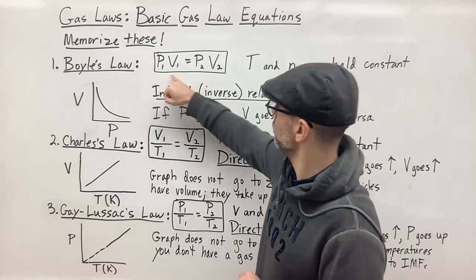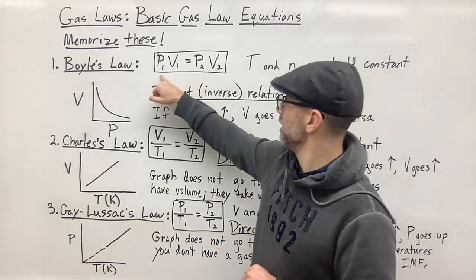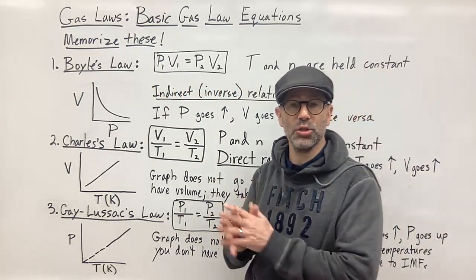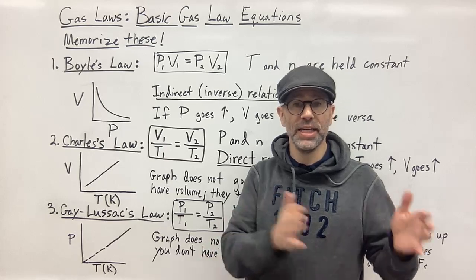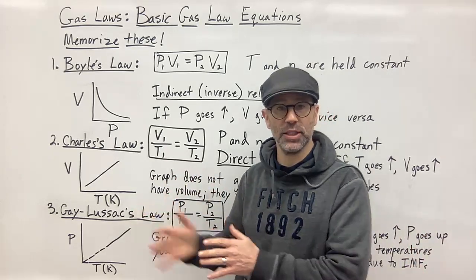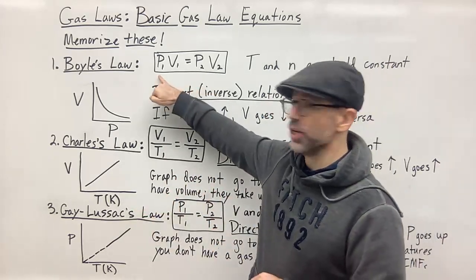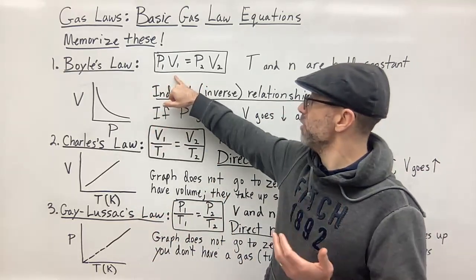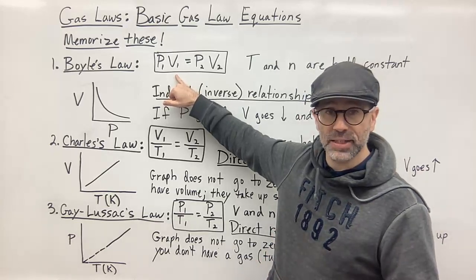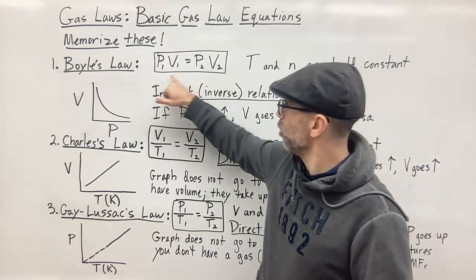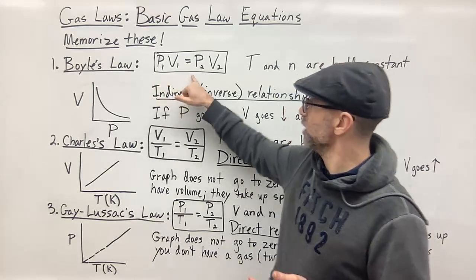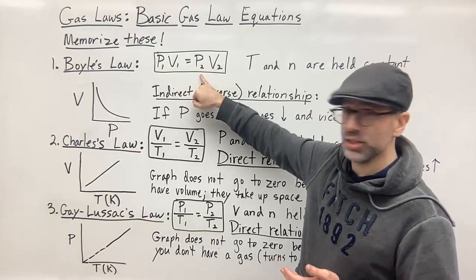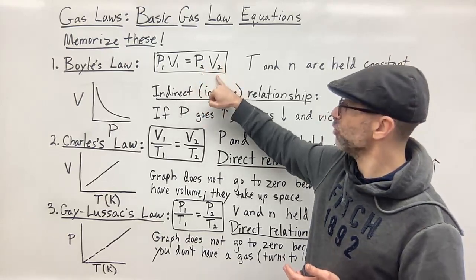So P1 V1 equals P2 V2. The way you use this equation is, the 1 and the 2 refer to initial conditions versus final conditions. If you're given the initial pressure of a gas and the initial volume of a gas, multiplying those two together should equal the final pressure of the gas times the final volume of the gas.